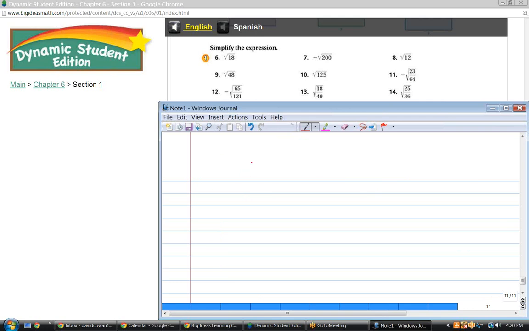About 13. Square root of 18 over square root of 49. Well, if you take the square root of 18 times the square root of 49.